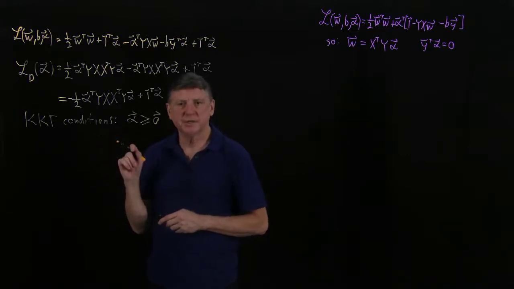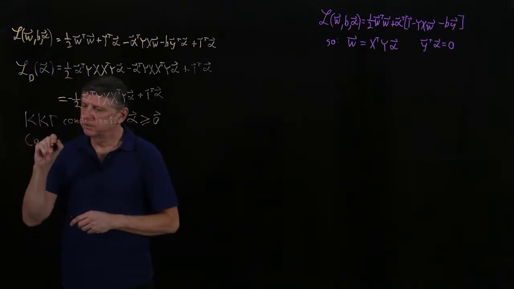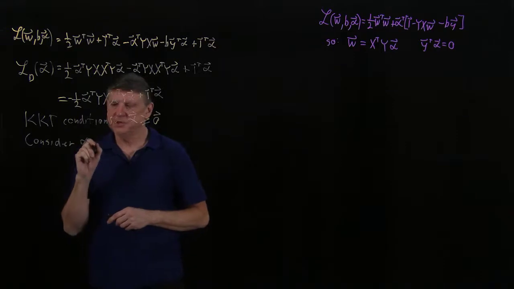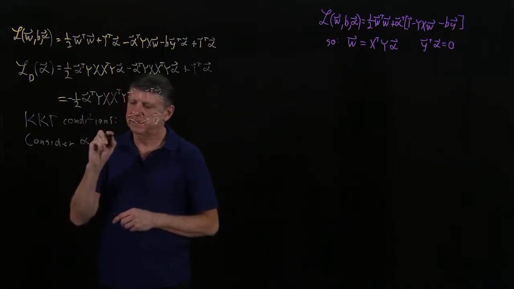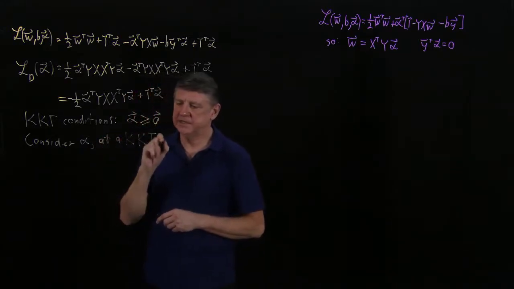Let's now consider what happens. Consider some alpha j at a KKT point.